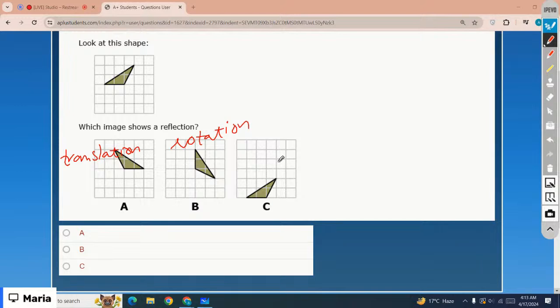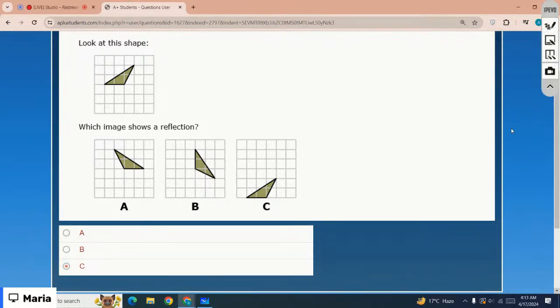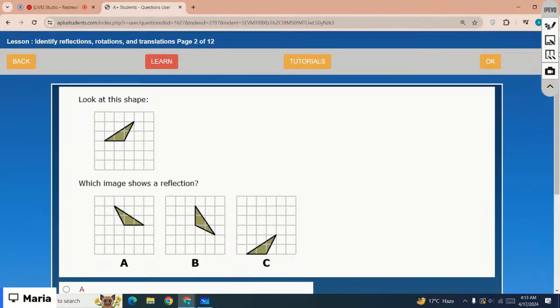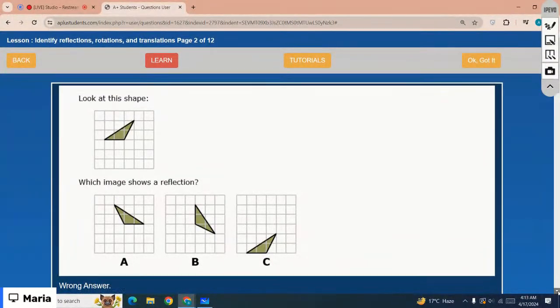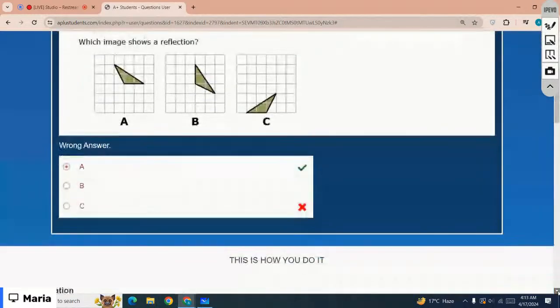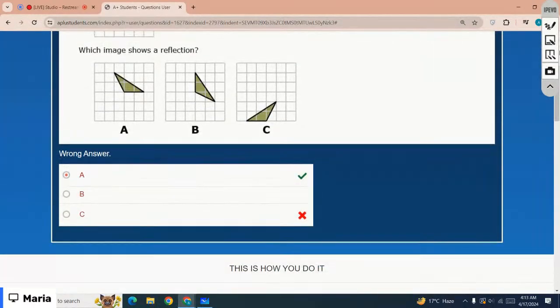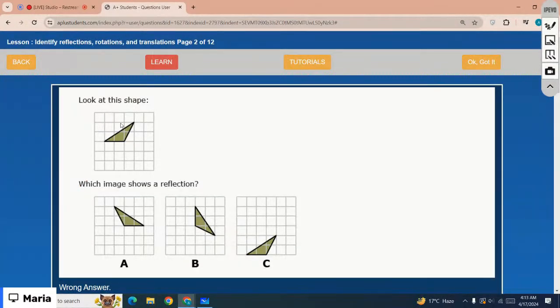Hold on. Which one is the reflection? Let me see. I think C is the... Okay, let's see which one is the reflection. A is the reflection. How is the reflection?